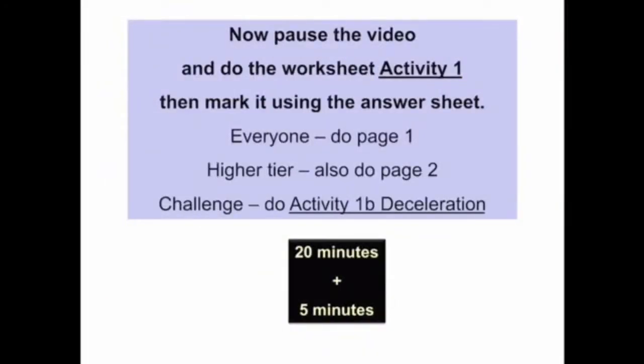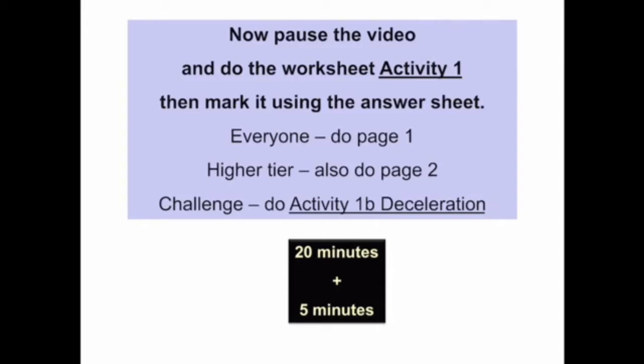Okay, so we have 2 activities here. You've got activity 1, which is a worksheet. I want everyone to do page 1. That's calculating acceleration and calculating distance. If you're doing higher tier, I want you to do page 2 as well, which is calculating the final speed or the initial speed.